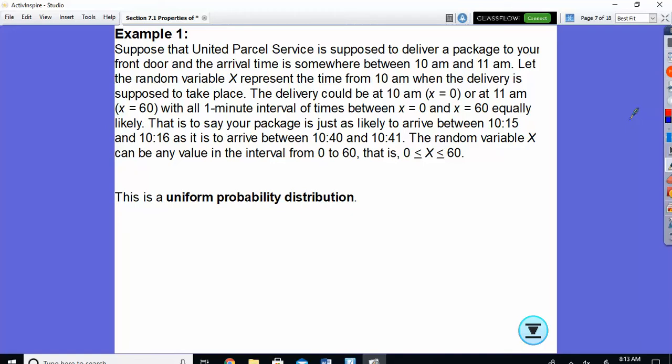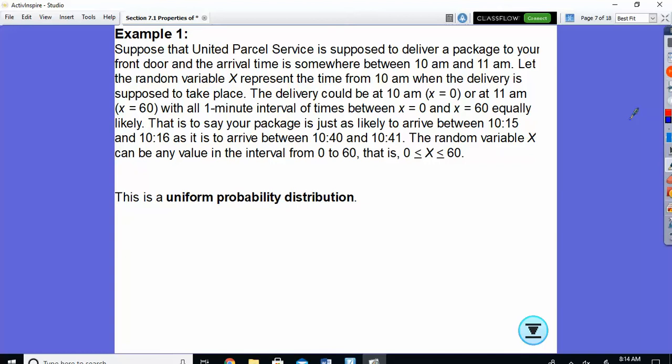So 10 a.m. would be like x equals 0. 10:01 would be when x is 1. 10:02 when x is 2, right? And each one is equally likely. So that is to say your package is just as likely to arrive between 10:15 and 10:16 as it is to arrive between 10:40 and 10:41.